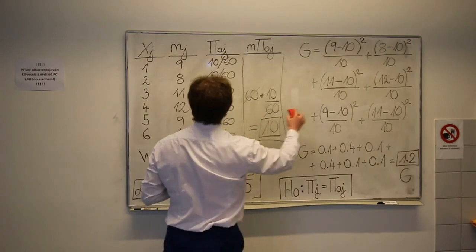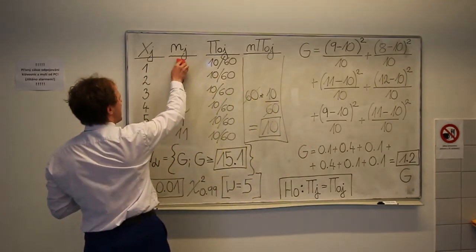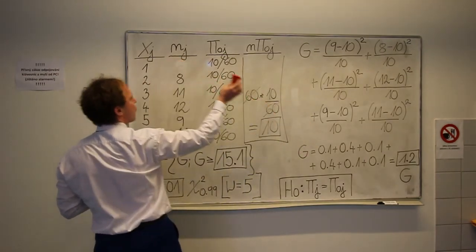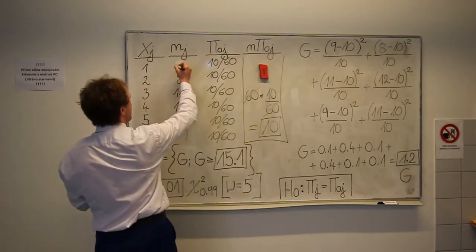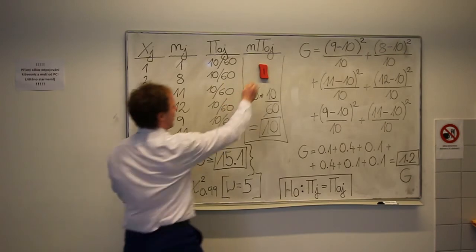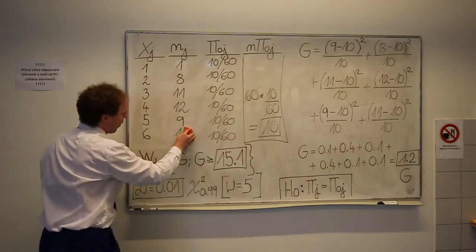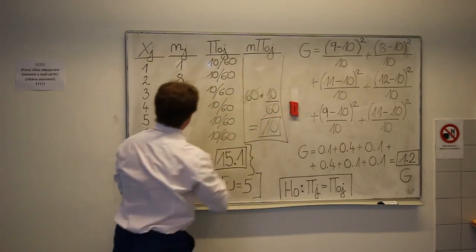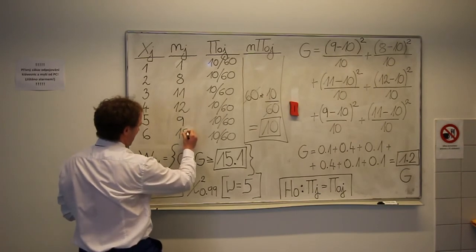So instead of 9 here will be, for example, value 1, and instead of 11 here will be 19.